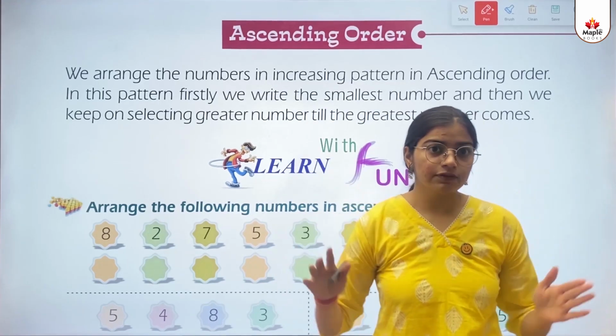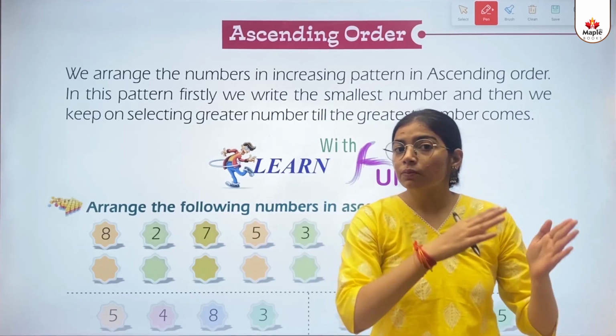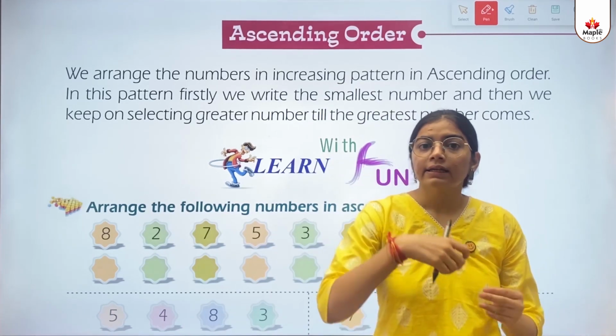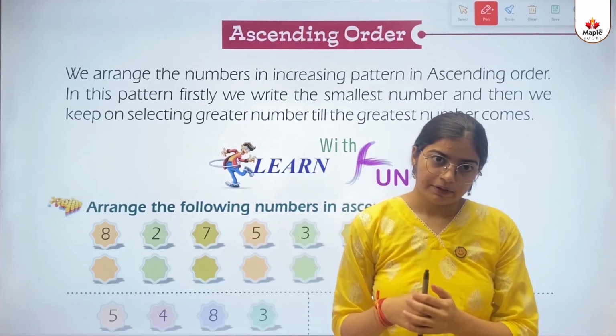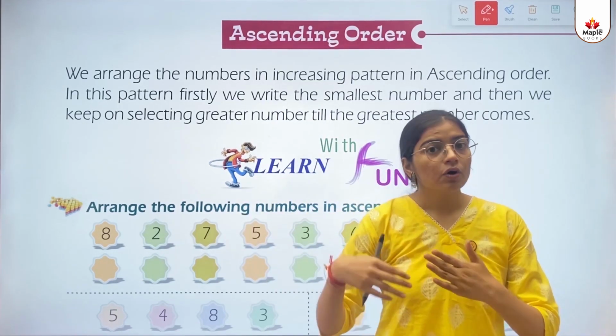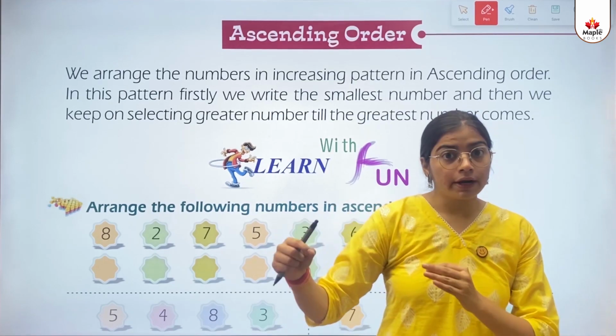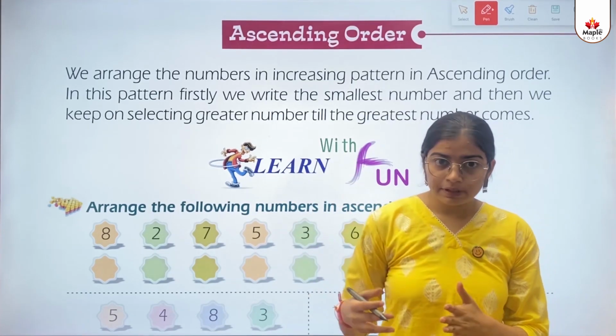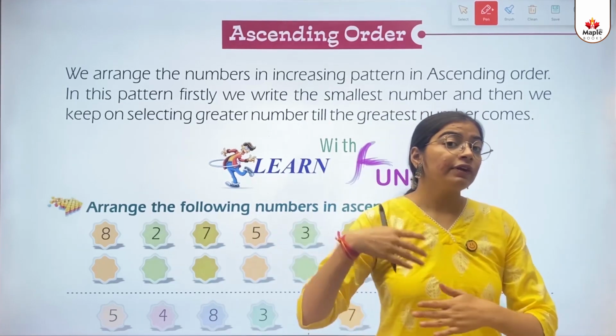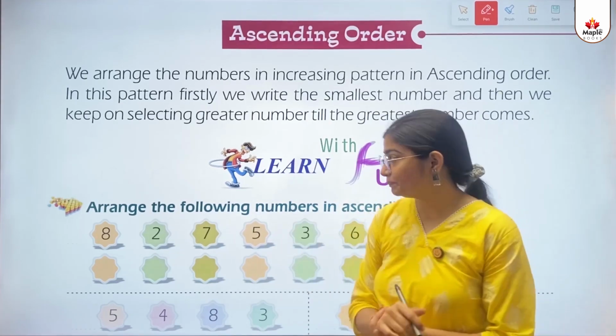And in this way, we arrange the small number first and then the greater number and then the greatest number. So, this is the way we do the arranging order questions. We will look at some examples or questions so that we understand more clearly.